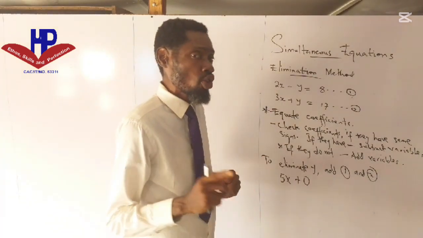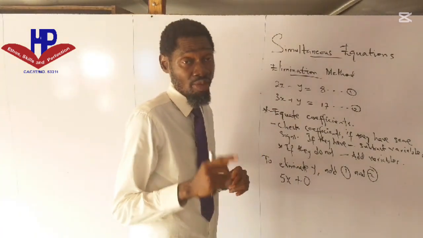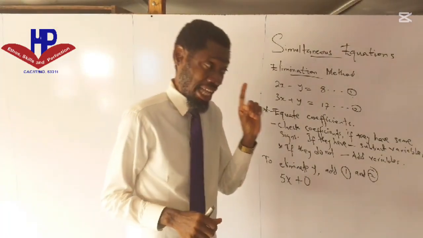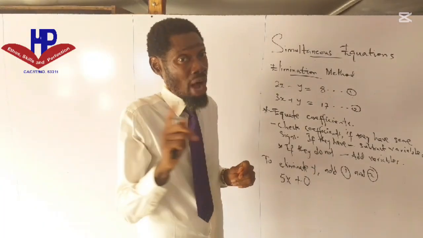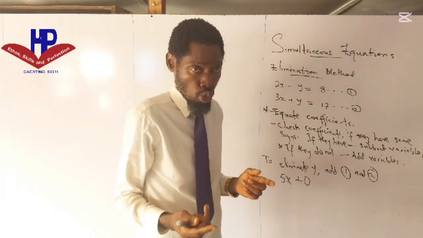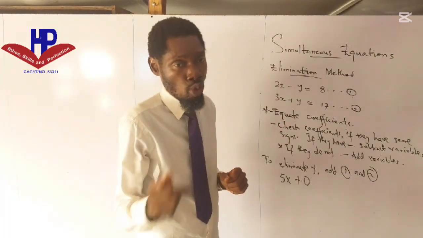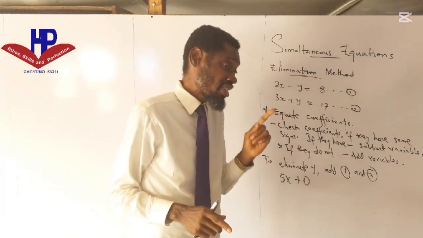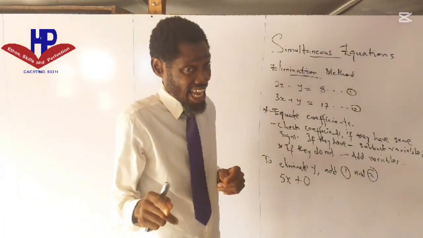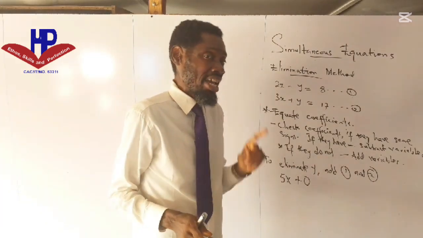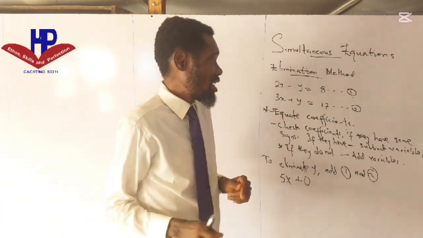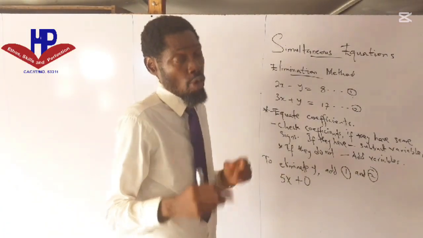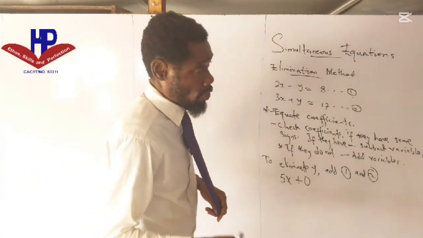Minus 1 minus 1 is minus 2, because you're owing somebody 1 and you're owing another person 1, so what you're owing in total is 2. Minus 1 minus 1 is not the same thing as minus 1 times minus 1. So take note of that.